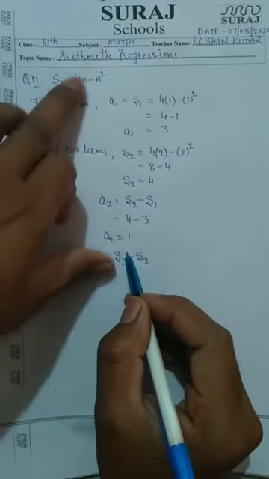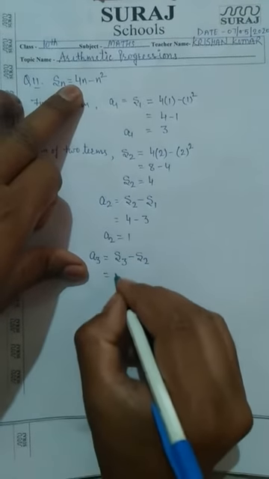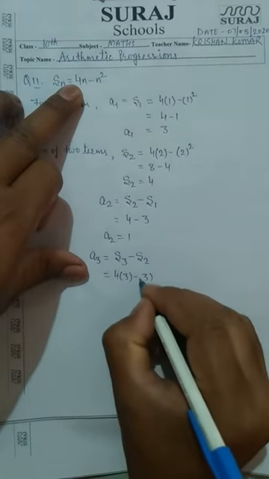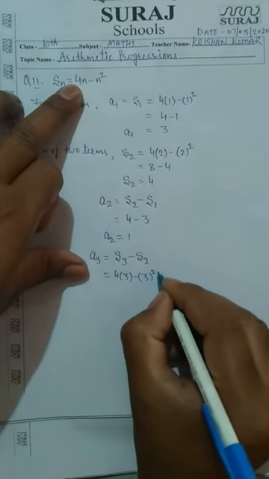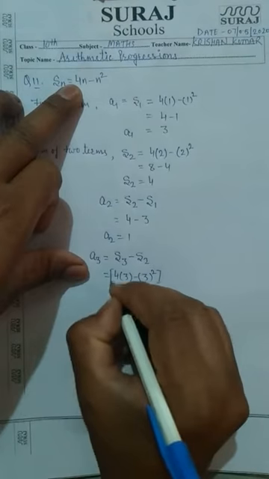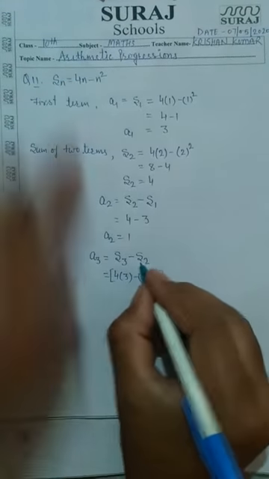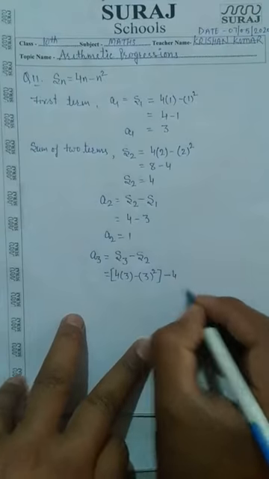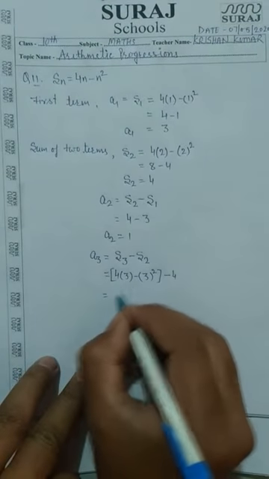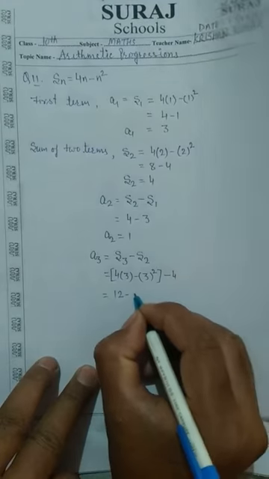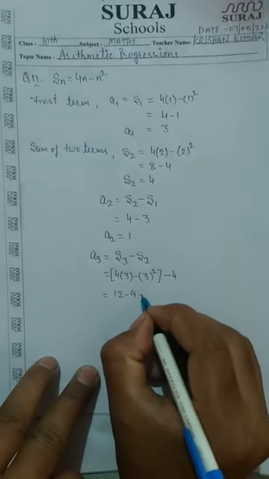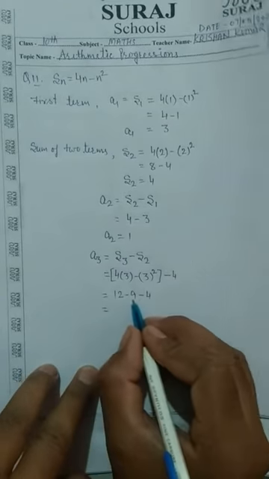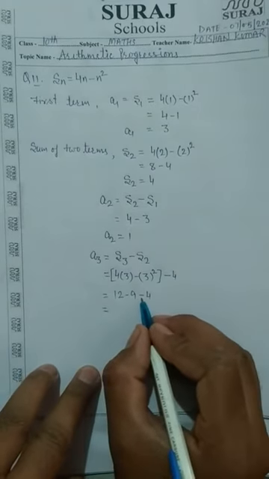S3: place n equal to 3 in Sn. 4 into 3 minus 3 square, big bracket close, that is S3. And next is S2, which is 4, so minus 4. 4 times 3 is 12, minus 3 times 3 is 9, minus 4. 12 minus 9 minus 4.